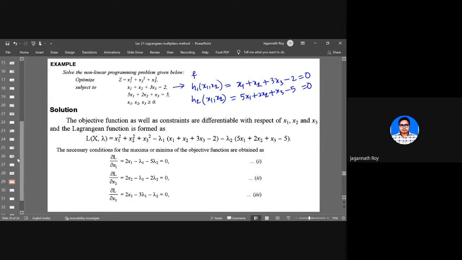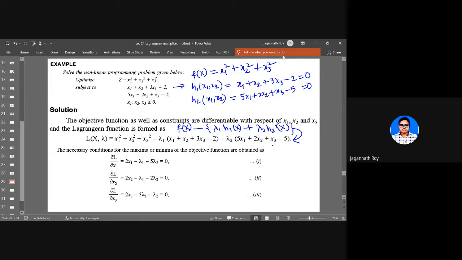And f of x equals x1 square plus x2 square plus x3 square. So let us write f of x minus lambda 1 times h1 of x plus lambda 2 times h2 of x. So this is nothing but of this form.